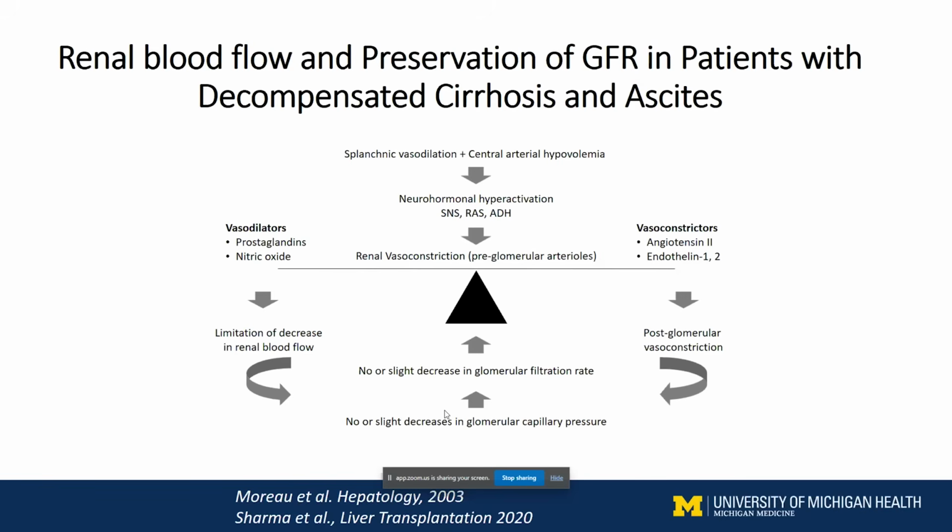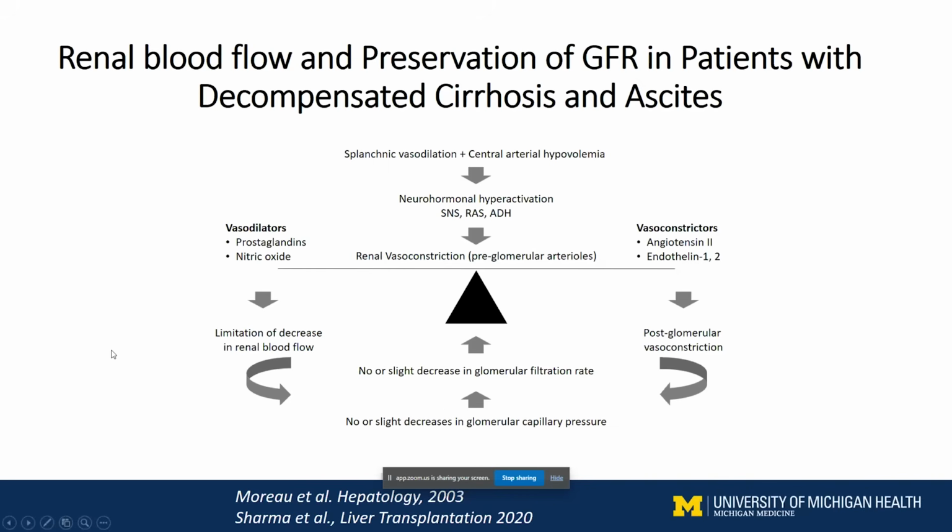It stimulates the neurohormonal pathways, like the sympathetic nervous system, renin-angiotensin system, and ADH axis. As a result of that, there is a balance between intrarenal vasodilators, the main players here being prostaglandins and nitric oxide and many others, and intrarenal vasoconstrictors, again angiotensin II, endothelin 1 and 2, and other factors that we probably don't know at this time.